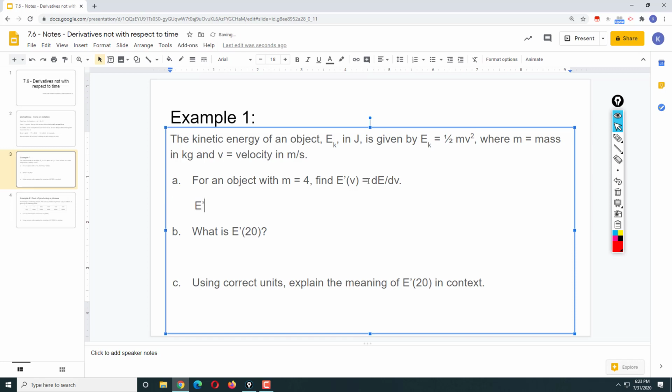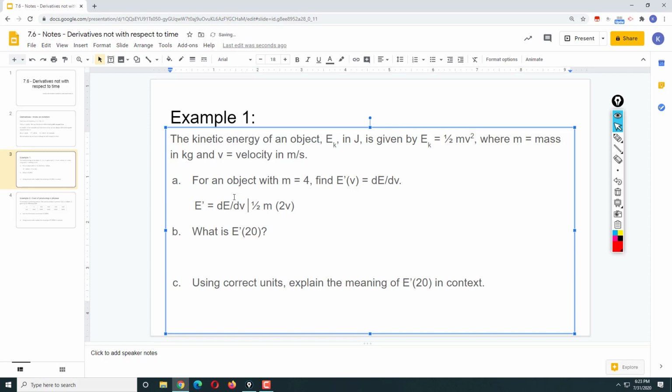So E prime, well, m is a constant, so it's going to be 1/2 times m times the derivative of v squared, which is 2v. Notice that we don't have to do dv over dt because we're looking for dE over dv. So technically, E prime is really equal to dE over dv, which is just equal to that.